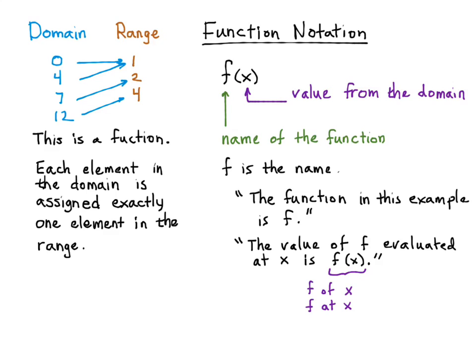Now, you'll hear me say this two different ways. You can say f of x and f at x. And I think f at x is probably the more common. I'm not entirely sure. It means the same thing. It just doesn't mean f times x. It means f evaluated at x, if you want to look at the long way to say that.